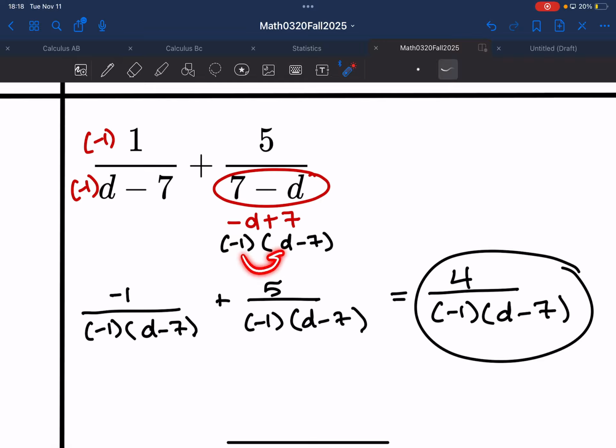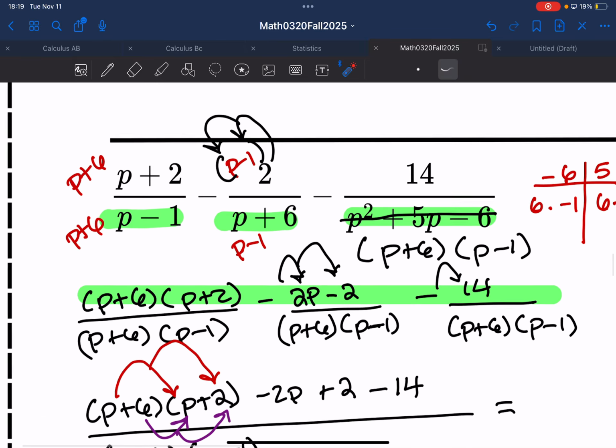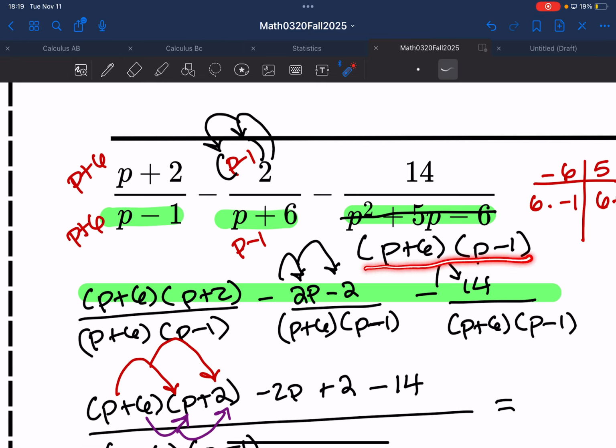If I multiply that -1 back in, it's still -d plus 7, which is 7 minus d. So if we're taking a GCF out of a fraction's denominator, we don't have to do it to the numerator, but we do have to apply it to the other fraction. Correct. And technically we're doing the same thing on this problem here. When we factored this into p plus 6 and p minus 1, we didn't do anything to 14, because we didn't change the denominator, we just factored it.